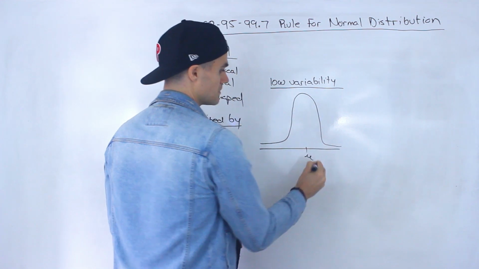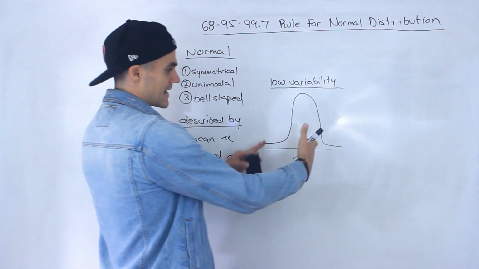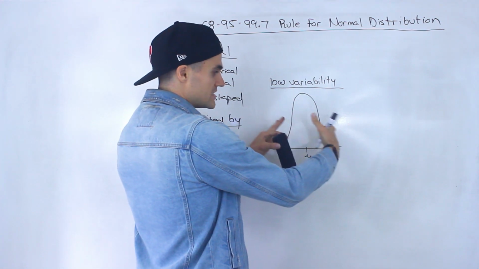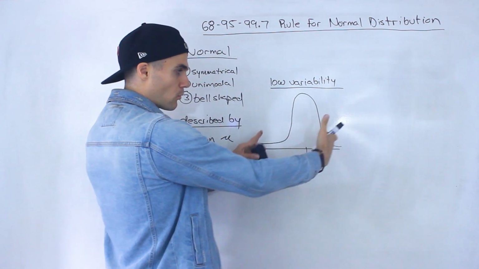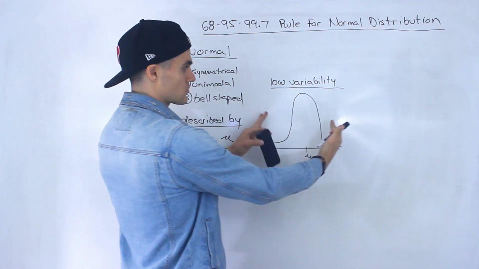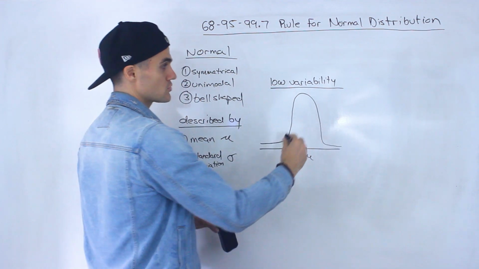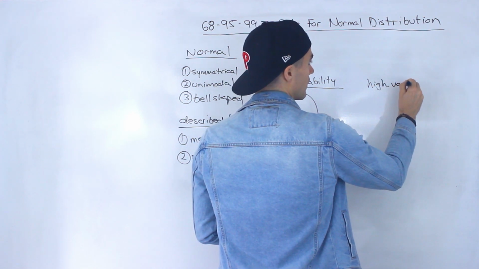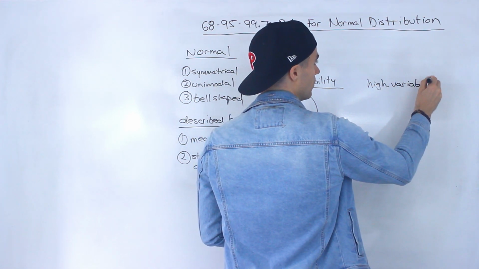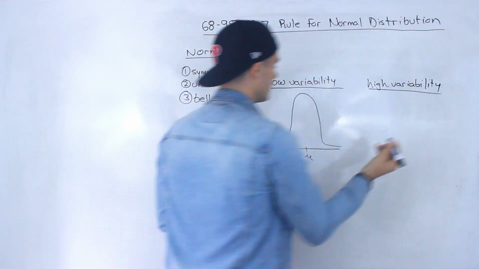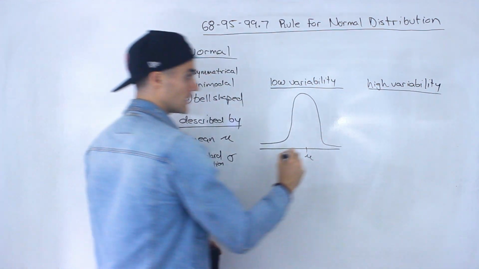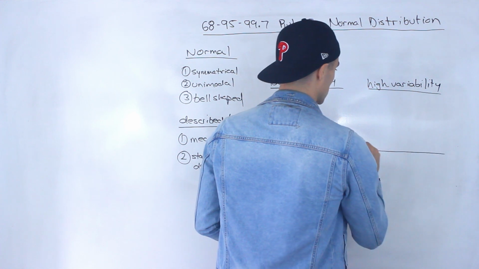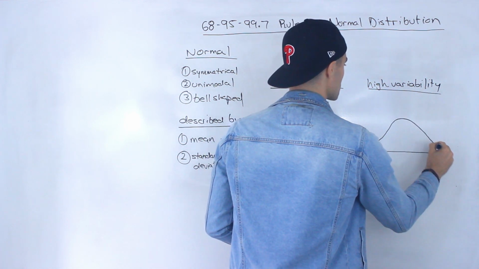The mean is always in the middle, but because it has low variability, all of the data is going to be concentrated more within one area. It's a thinner normal distribution, versus if you've got high variability, that data is going to be more spread out. So the normal will then look more like that.